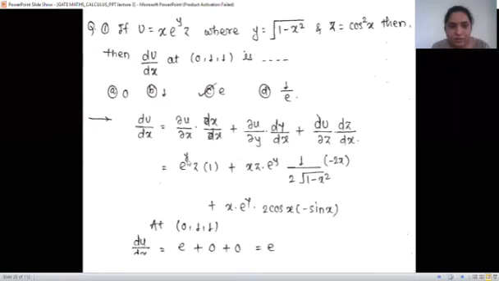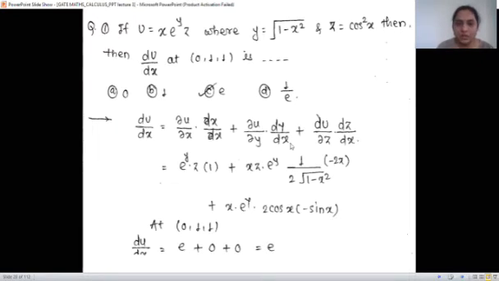So dou u by dou x, the partial derivative of u with respect to x, is e raised to y z, plus dou u by dou y, it is x e raised to y z into z, into dy by dx.